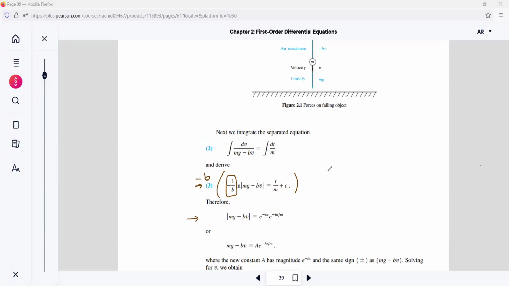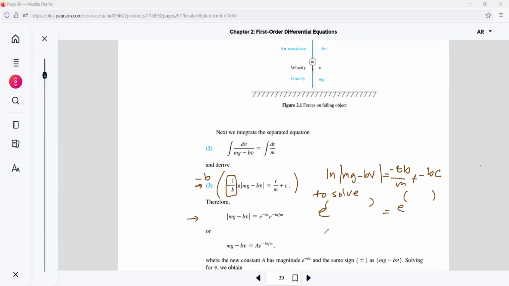That's going to give you natural log of the absolute value of mg minus bv equal t times negative b over m plus negative b times C. All right. Then that means to solve this, we're going to take e to the power of both sides. And when we do that, we should get this idea because e and the natural log are inverse of each other.